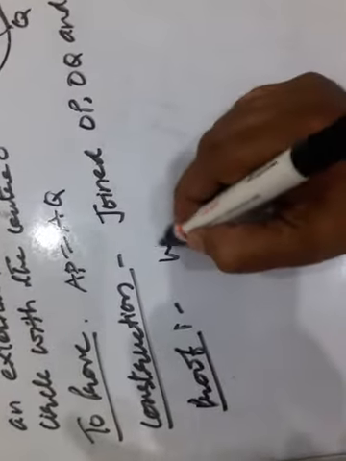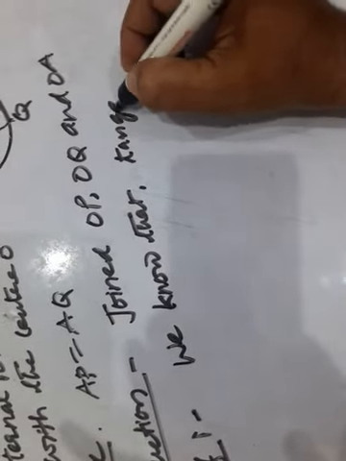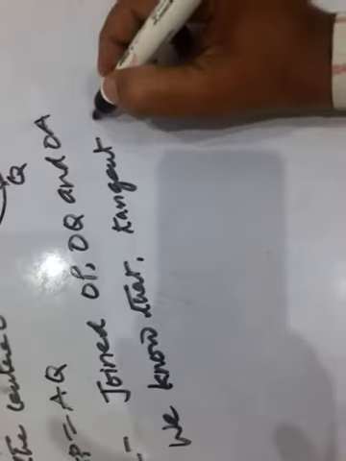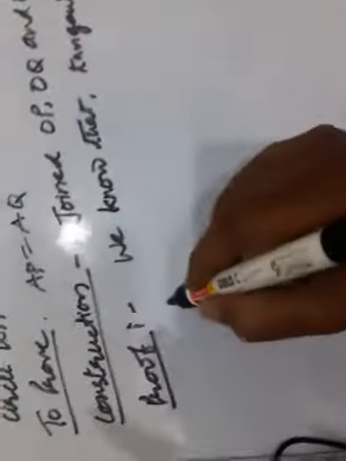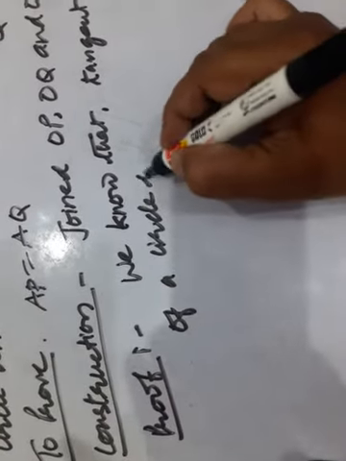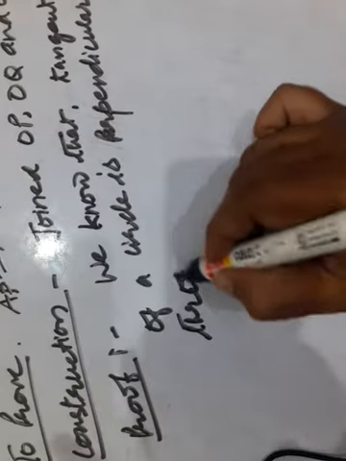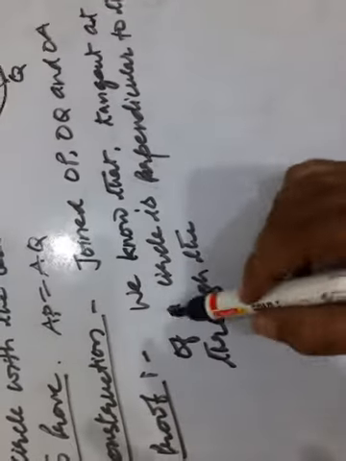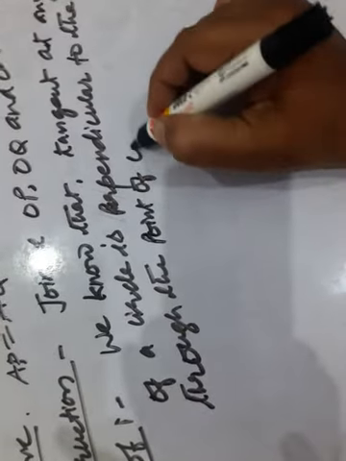Okay, children. Now let us start the proof. Children, we know, from theorem 10.1, that the tangent at any point of a circle is perpendicular to the radius through the point of contact.